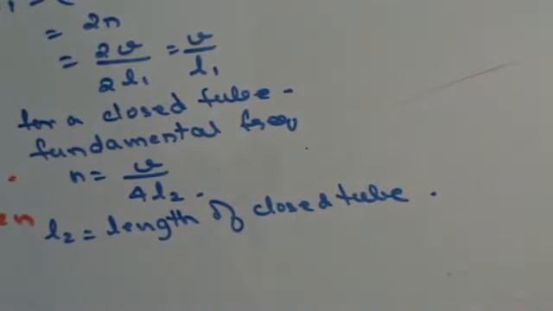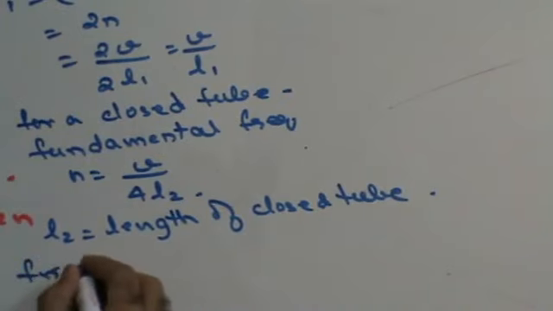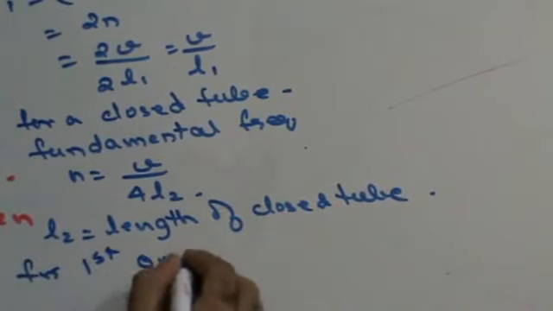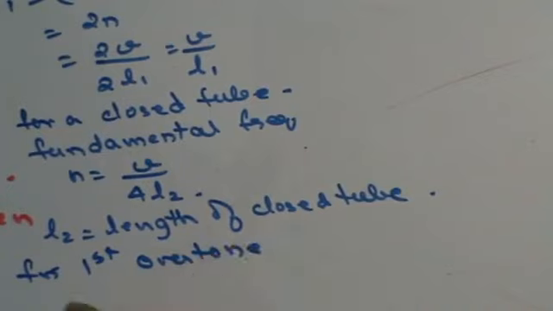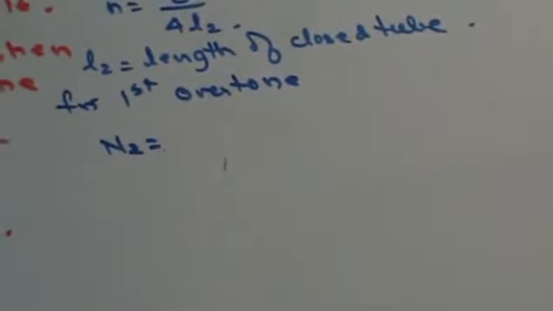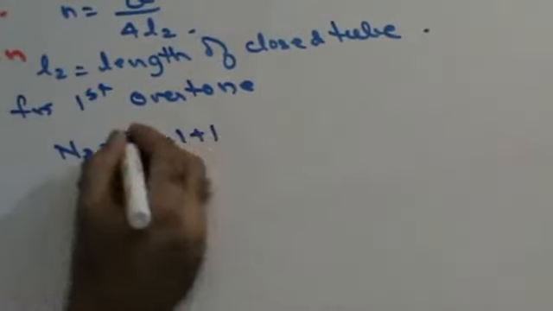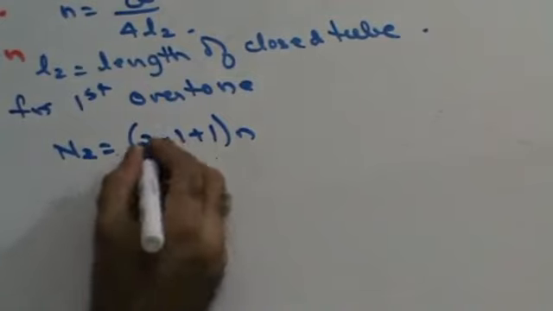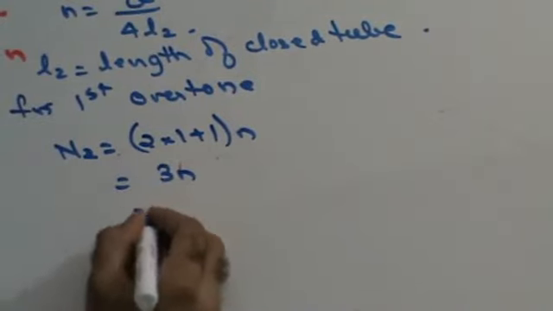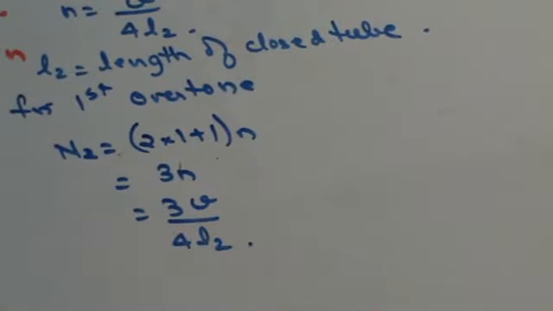For the first overtone, the frequency of an overtone for a closed tube is 2n plus 1, so that will be 2 into 1 plus 1 times the fundamental frequency, that is 3N. That is 3 into V by 4L2.